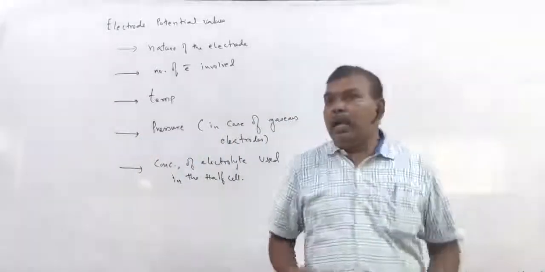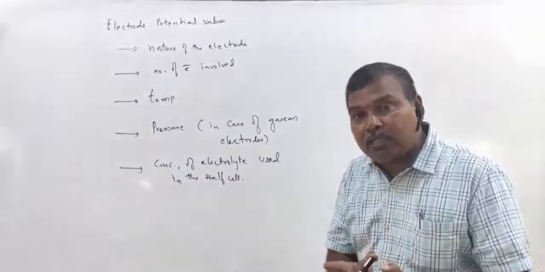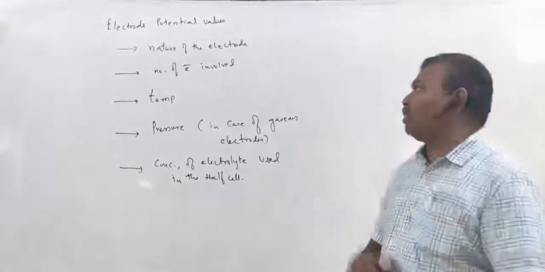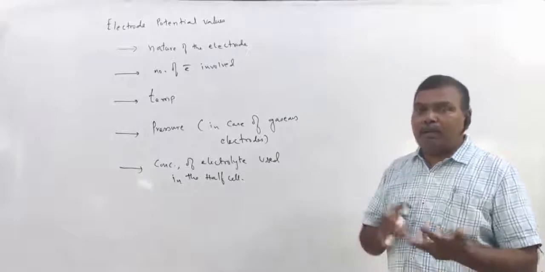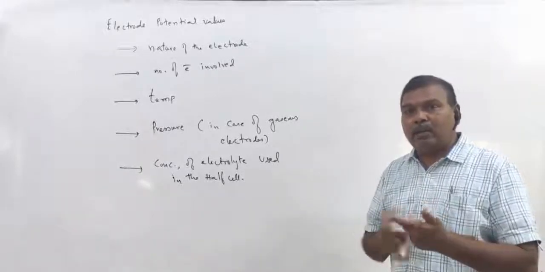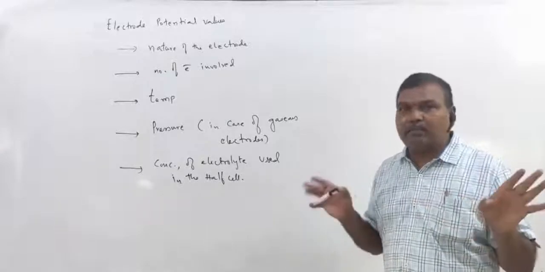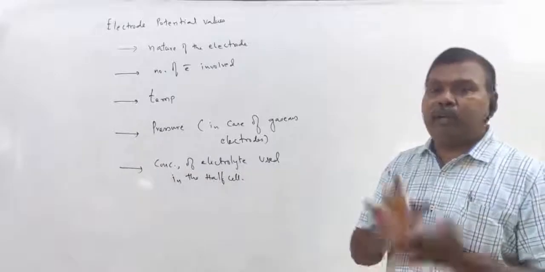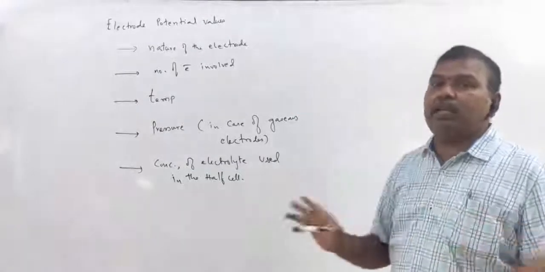So, the electrode potential value, even for a single electrode, is not constant, remember. Electrode potential values of copper, zinc, silver, hydrogen, chlorine, bromine are all different; it depends on the nature of the electrode. But for a given electrode also, electrode potential is not constant.